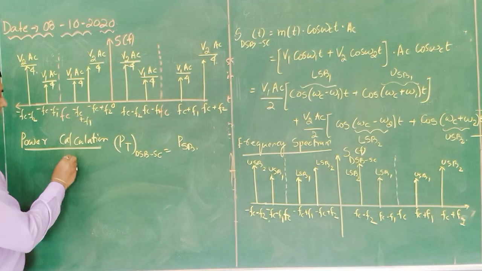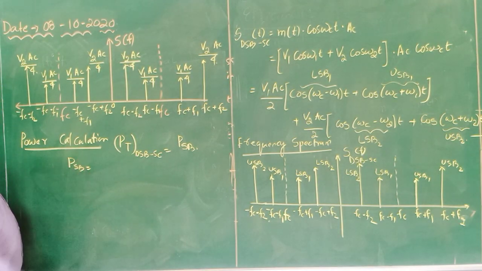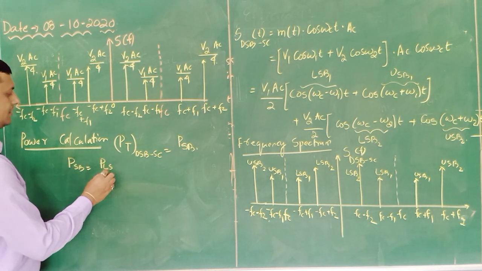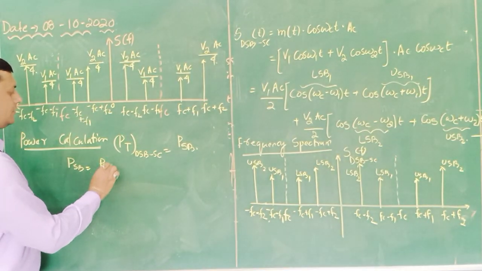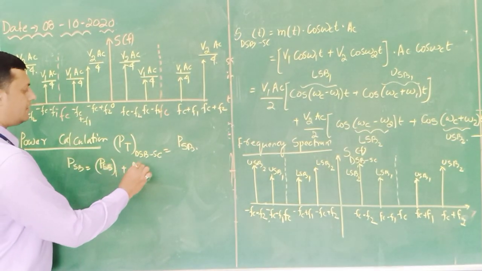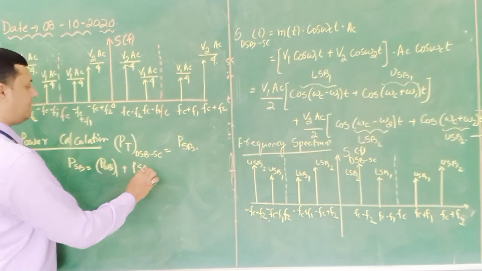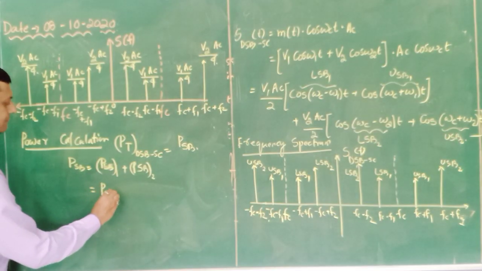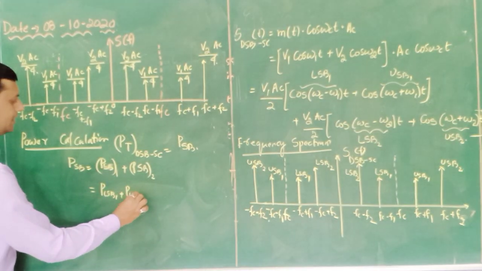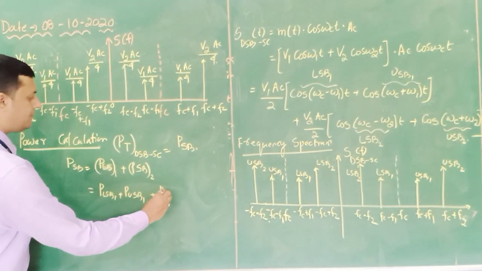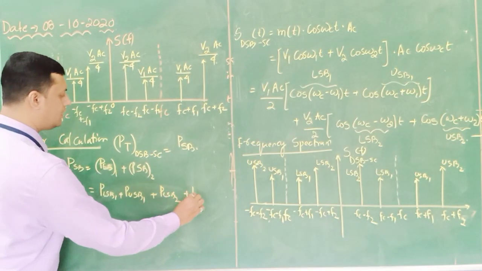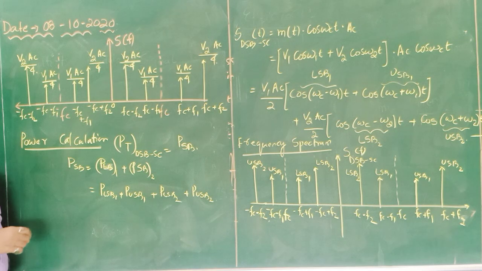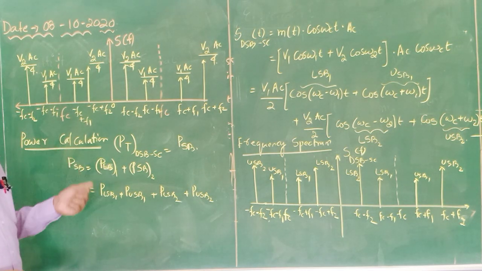So first of all I need to calculate the sideband power: the power available in the sideband with respect to the first, and the power available in the sideband with respect to the second. Done. Then here PLSB 1, PUSB 1, PLSB 2, PUSB 2.